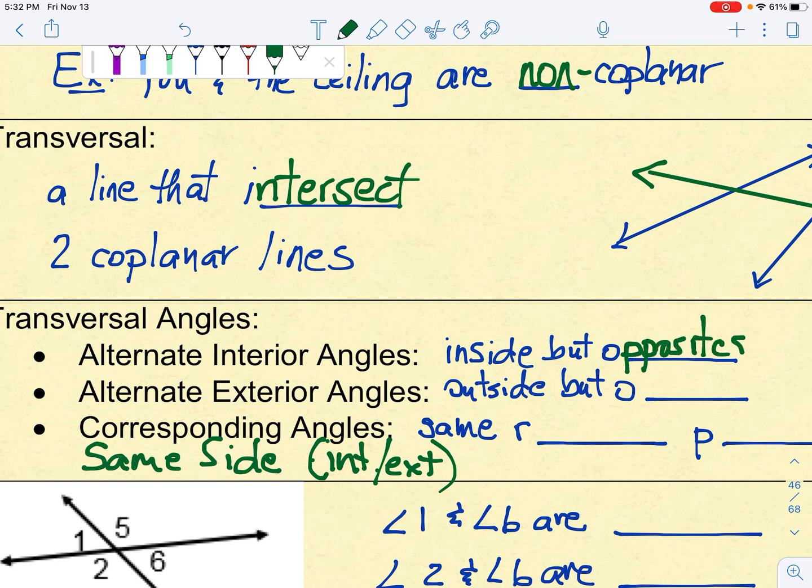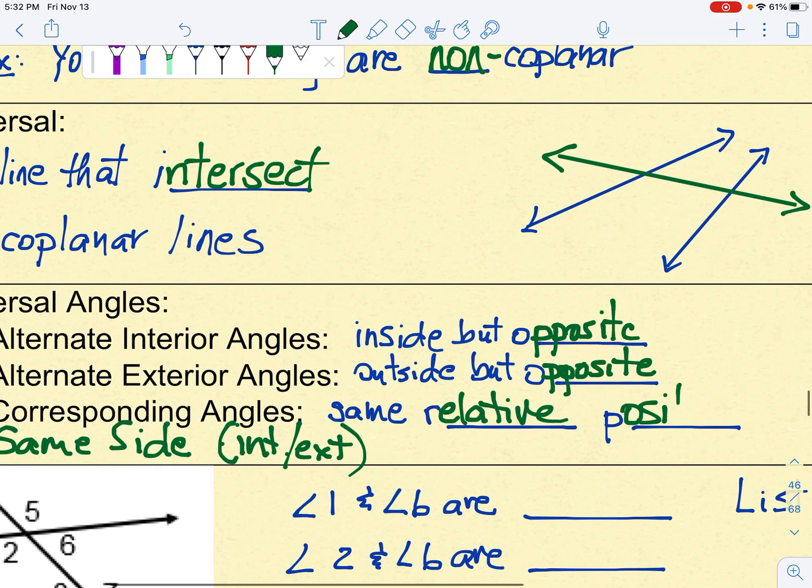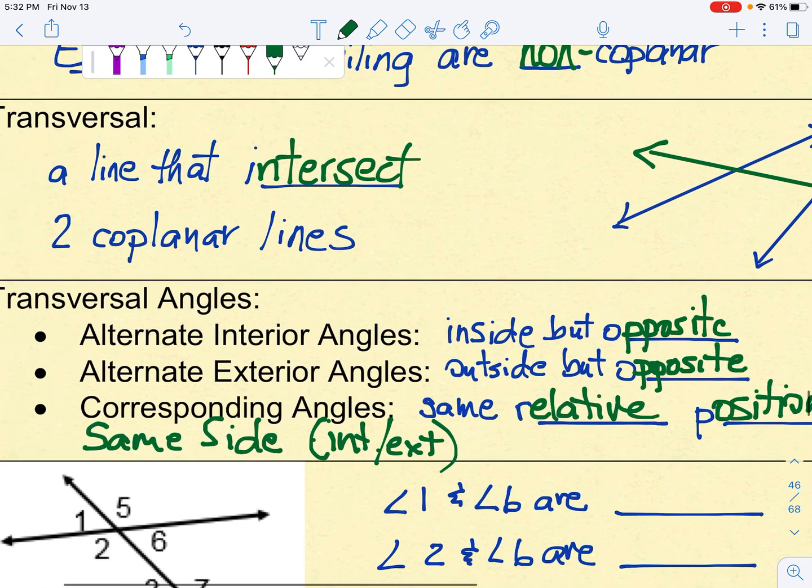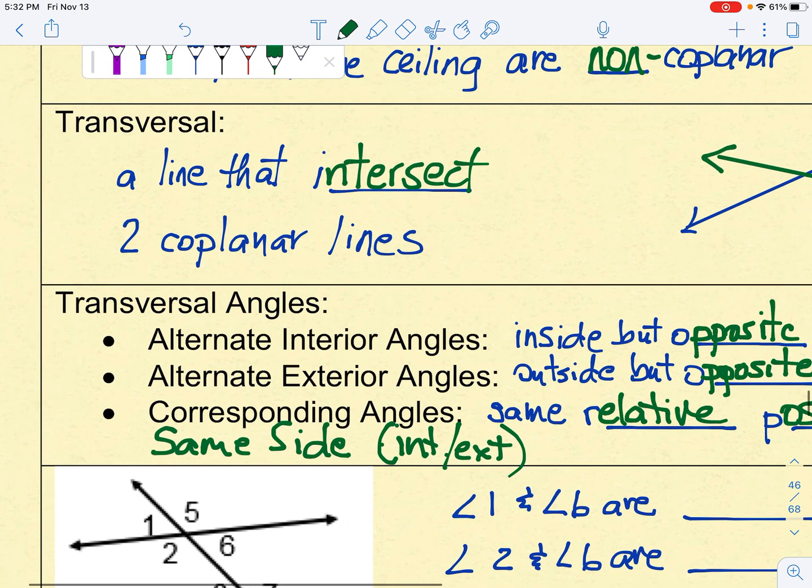And that'll become clear in just a moment what I mean by inside, okay? Alternate exterior, same thing, outside, but opposite. Corresponding, the same relative position. So we are describing the relationship between 2 sets of angles in transversal angles.